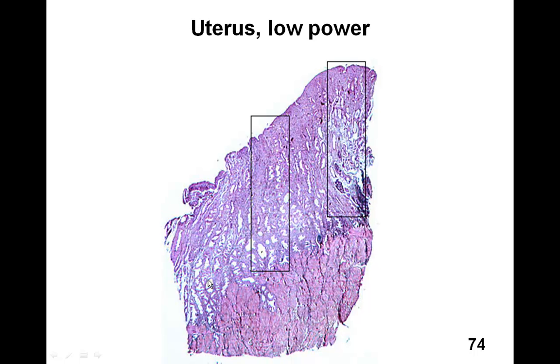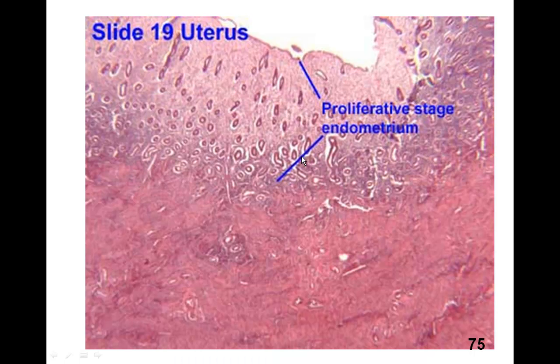And notice how they've enlarged a bit, hypertrophied a bit. They're being stimulated to up their secretions by the female sex hormone progesterone. So the glands enlarge.